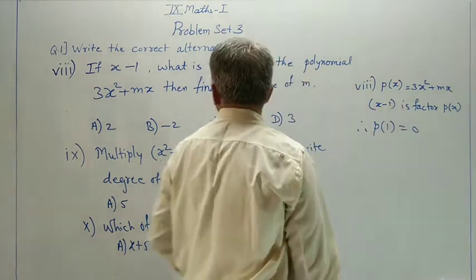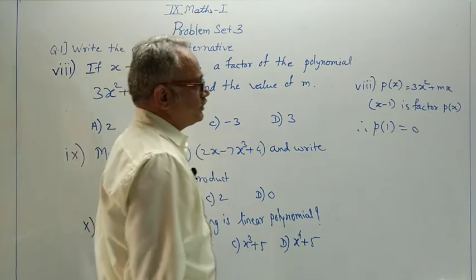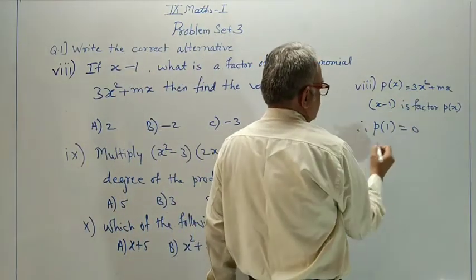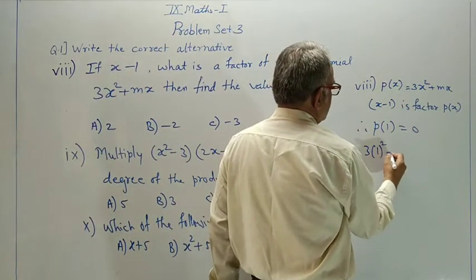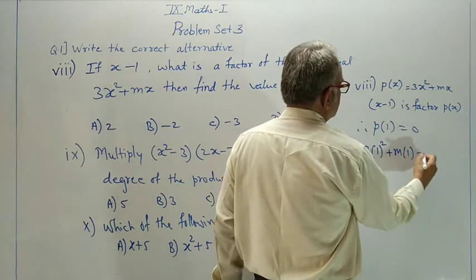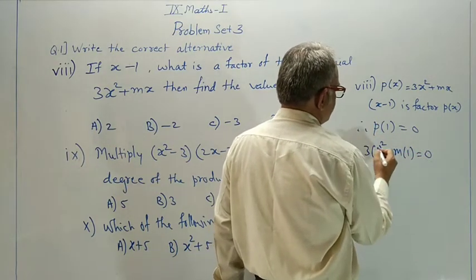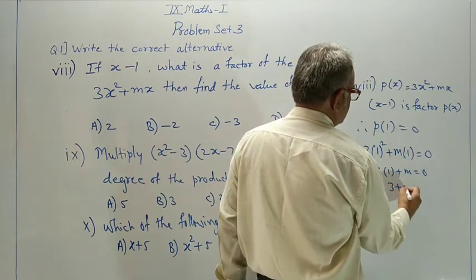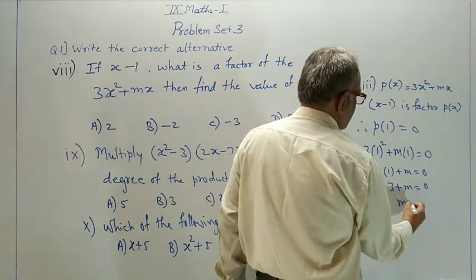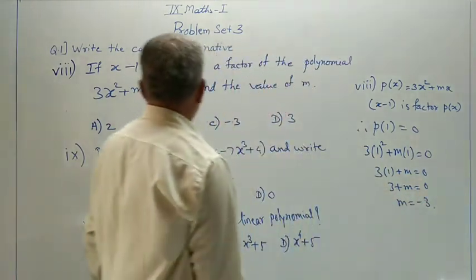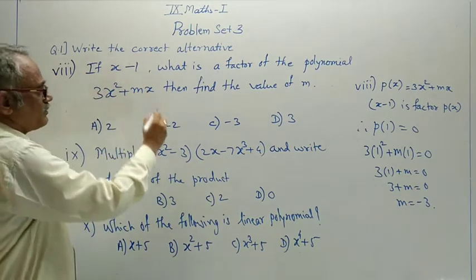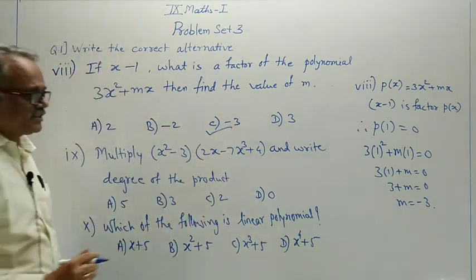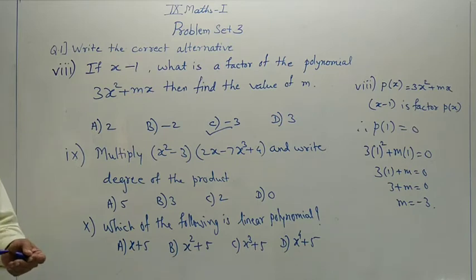So 3 into 1 square plus m into 1 equals 0. 3 plus m is 0. So m is minus 3. What is the value of m? Minus 3.